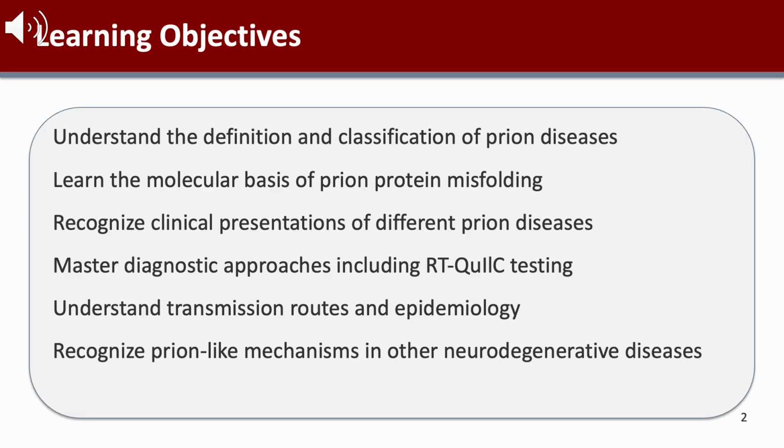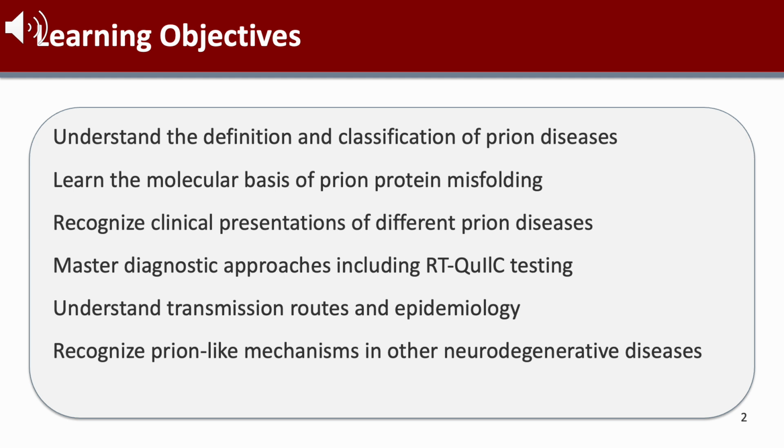By the end of this presentation, you will be able to define prion diseases and understand their unique characteristics as transmissible neurodegenerative conditions. You will learn how the abnormal prion protein causes disease through a process of misfolding and aggregation.